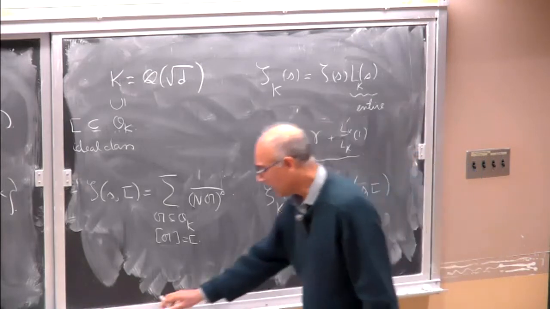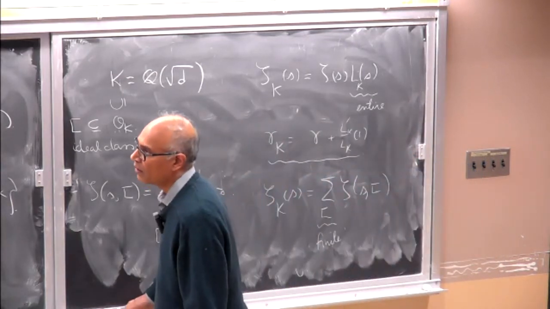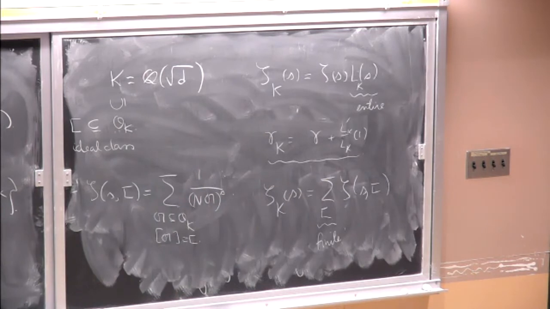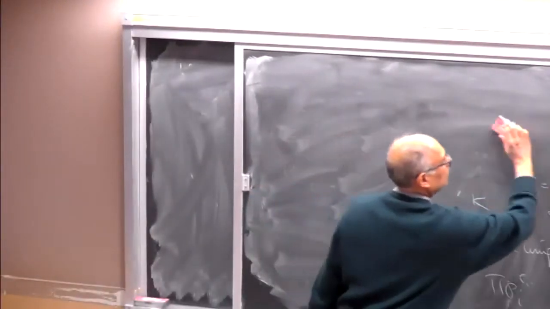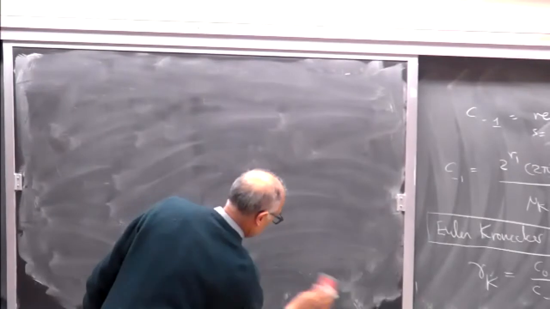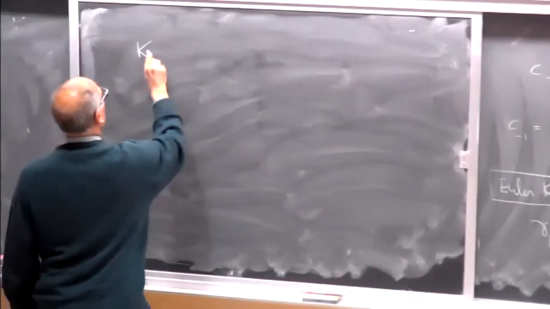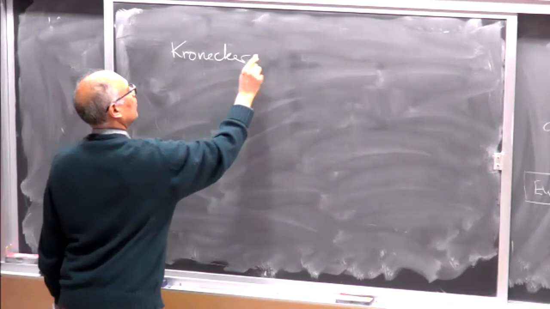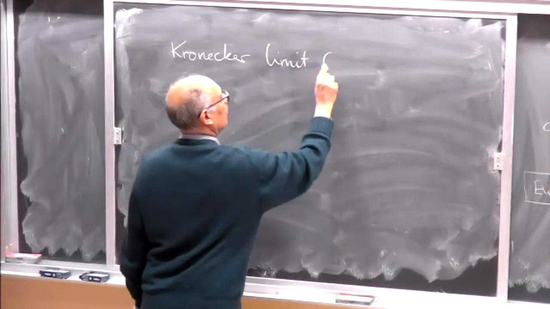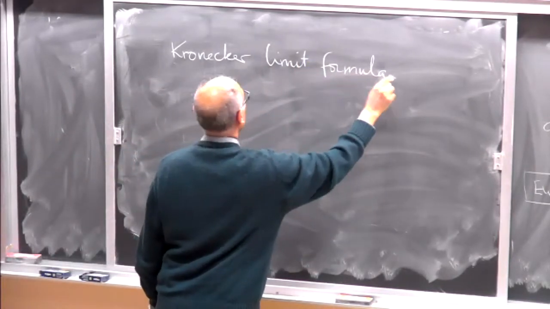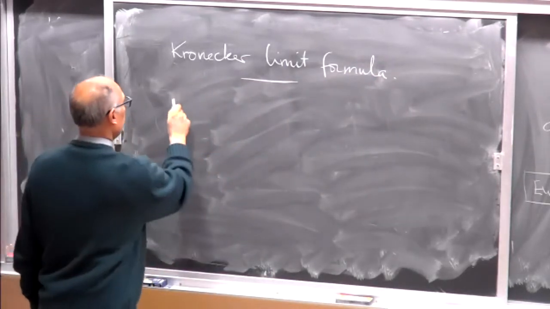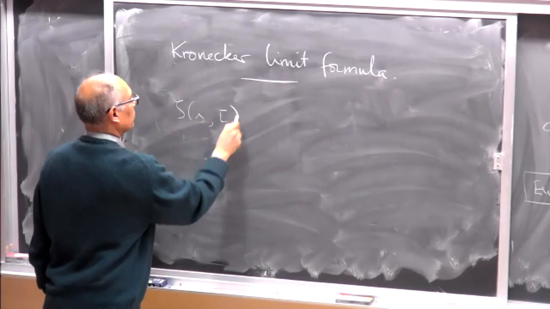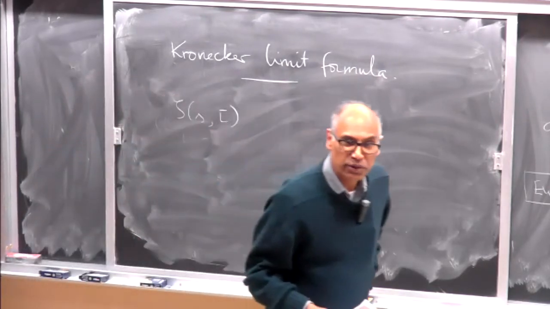Now there's a beautiful classical formula called the Kronecker limit formula, by which one is able to analyze this partial zeta function. So using that, what one is able to prove is that this zeta function also actually has an analytic continuation.